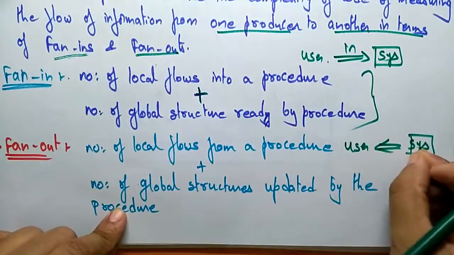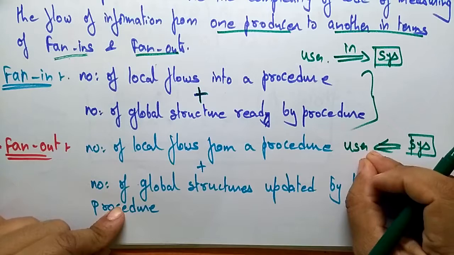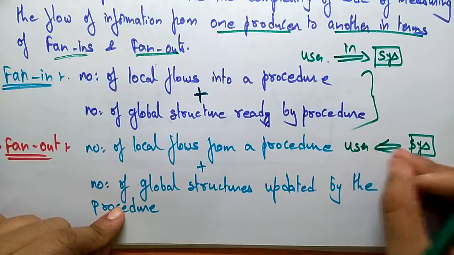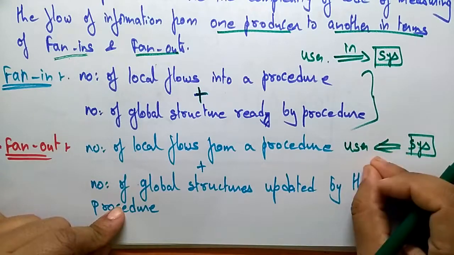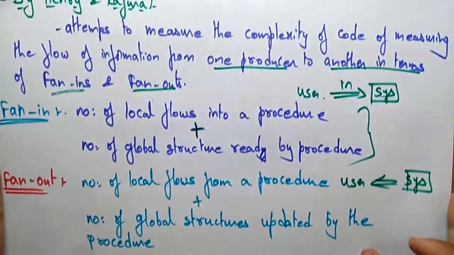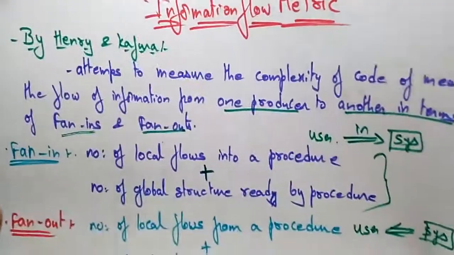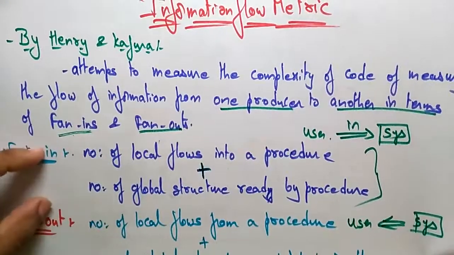This means that after completion of the execution, the output is sent to the users. So along with the local flows from the procedure, I need to calculate the number of global structures updated by the procedure.